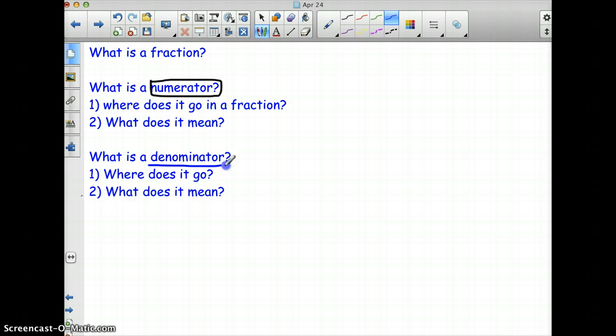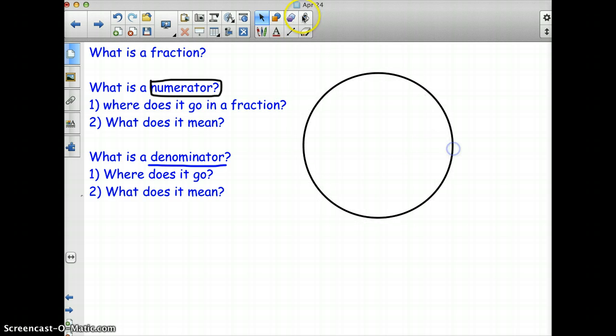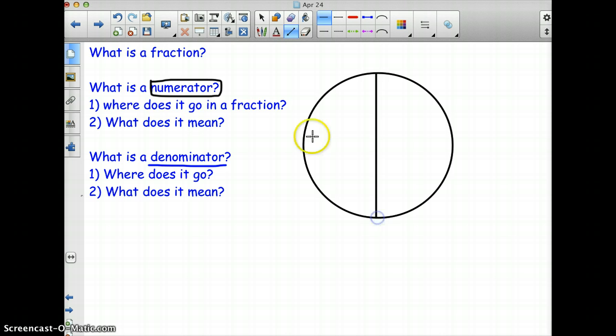The denominator tells us how many pieces there are all together. So again, let's take our circle, make it a little bigger this time, slide it down. I'm going to split it into, now it's in half, now it's in quarters, now it's in 6, but they're not even, so that's not going to count.